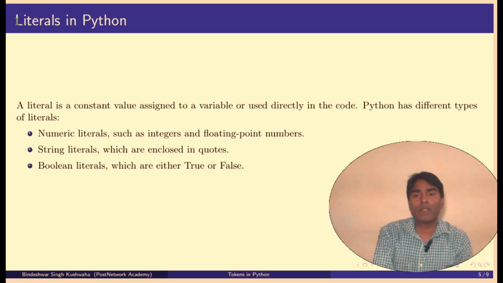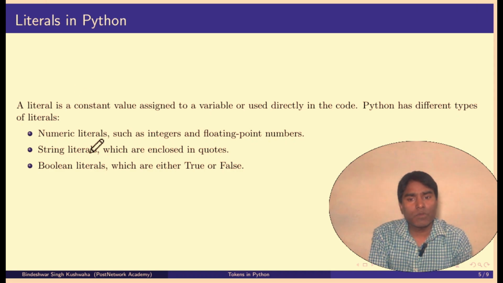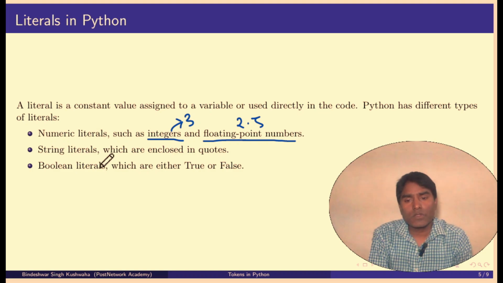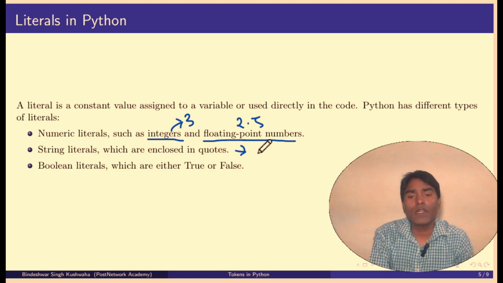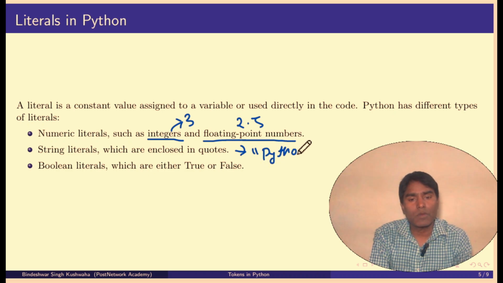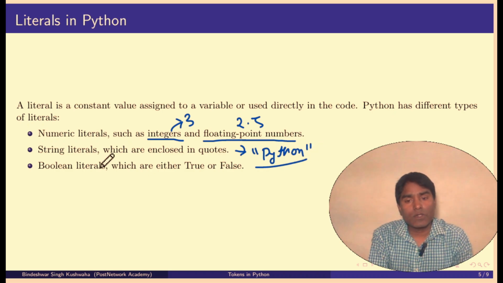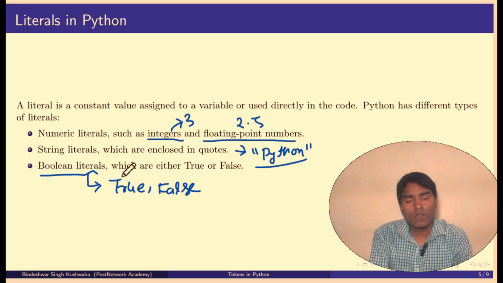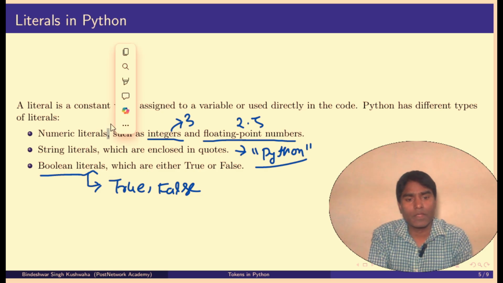Integers like 3, floating point like 2.5. String literals are enclosed in single or double quotes, like Python written in double quotes. Boolean literals are true and false. So these are the literals in Python.